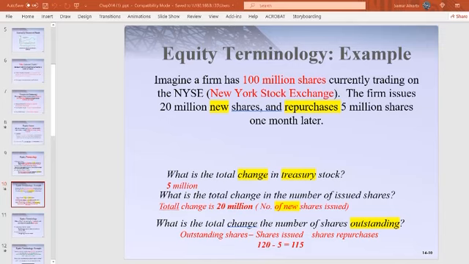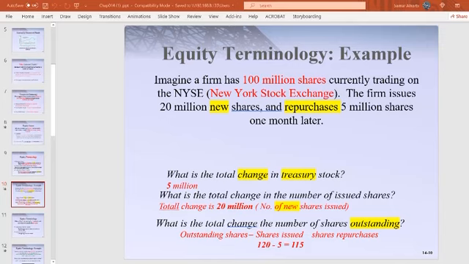What is the total change in the number of issued shares? What happened to the number of issued shares? It increased, right? Because the issue is 20 million. So this is the number of new shares issued. If we want to ask what is the total change in the number of shares outstanding, like how much we have in the market, think about it.